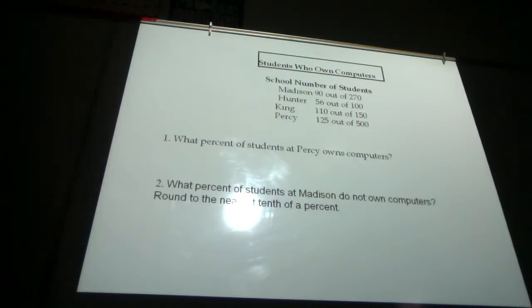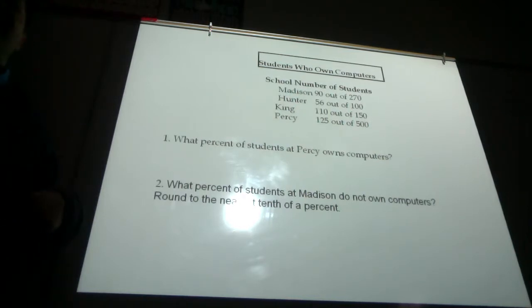How many students own a computer from Percy?